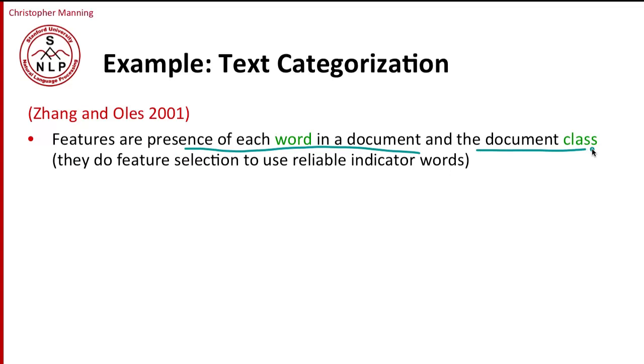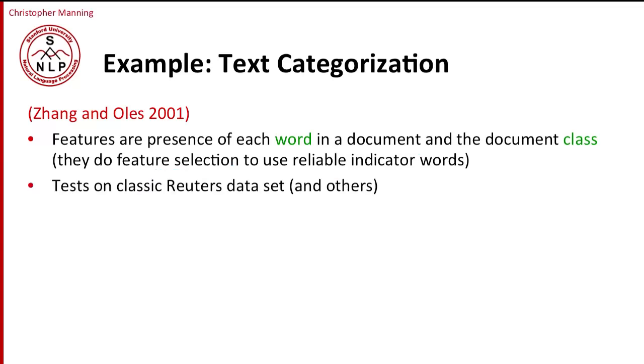They actually don't use every word that occurs in the document, and so a common refinement is to do a process of feature selection where you pick out a particular subset of words that are deemed to be reliable indicators. You might be dropping very rare words or also dropping extremely common words that are viewed to be semantically empty. The test set that they use is a well-known text categorization dataset, the Reuters Newswire dataset.